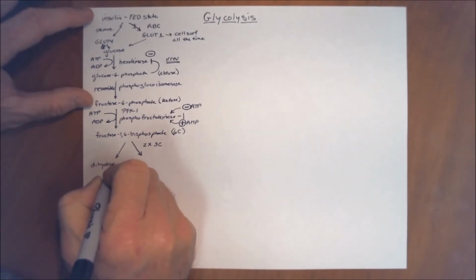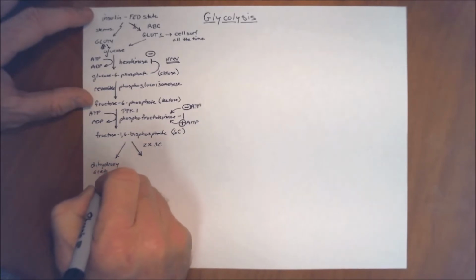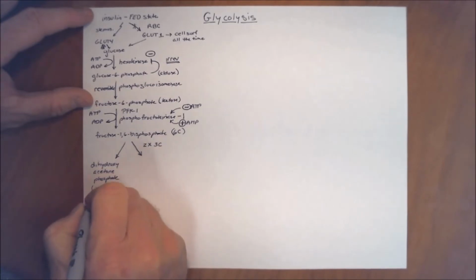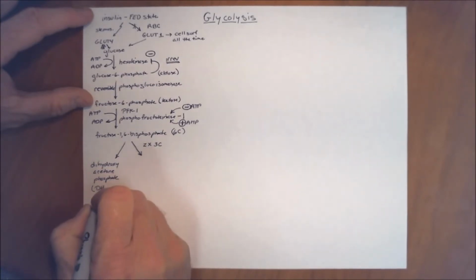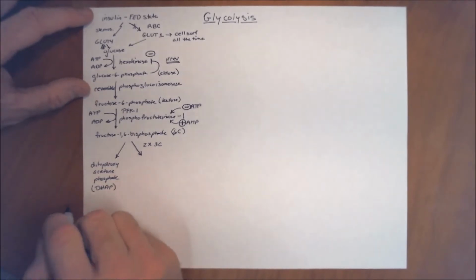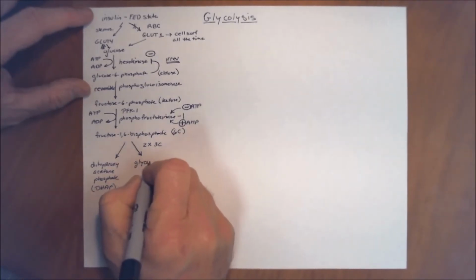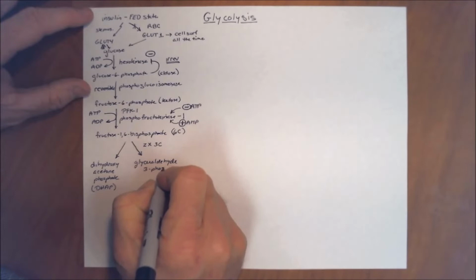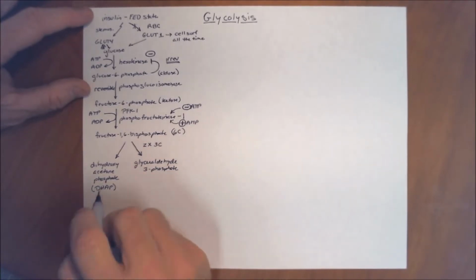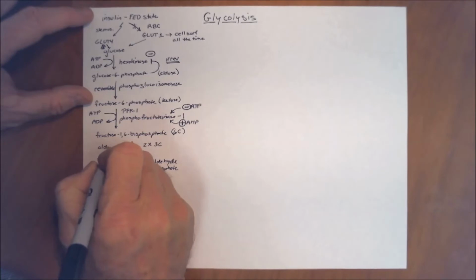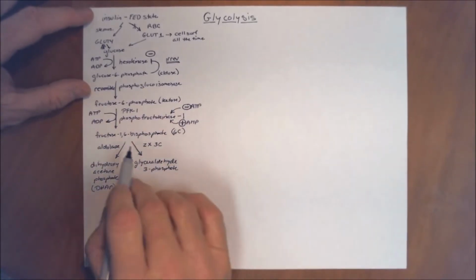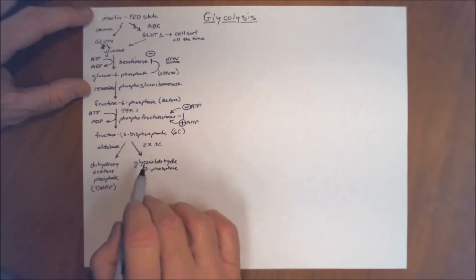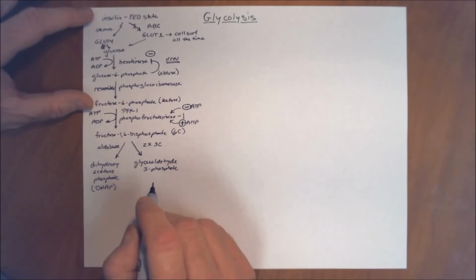The first one is dihydroxyacetone phosphate, abbreviated DHAP, and the second product is glyceraldehyde 3-phosphate. The enzyme that performs this reaction is called aldolase, simply cleaving this substrate, fructose 1,6-bisphosphate, right in the center to produce two 3-carbon intermediates.